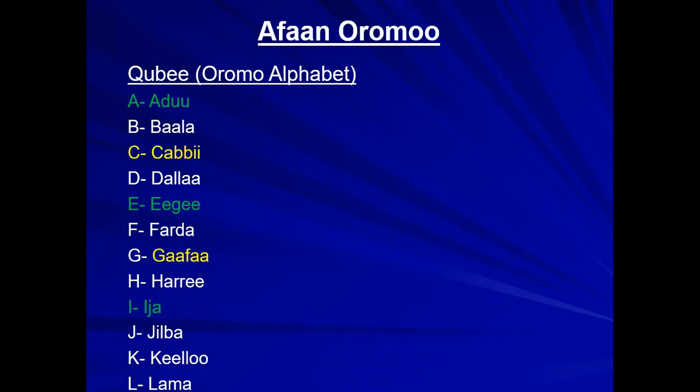What's the difference between Qubee Afan Oromo and the other languages you know already? There are some adaptations, changes to suit the sounds that are in the Oromo language. And also the way we call them is a little bit different from the other languages we know.